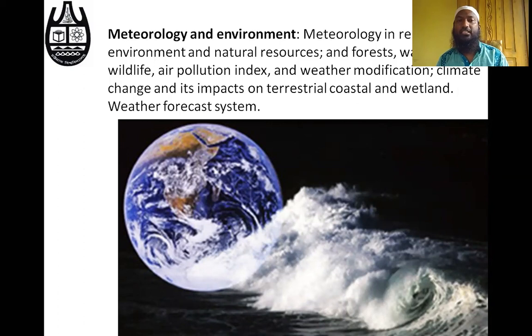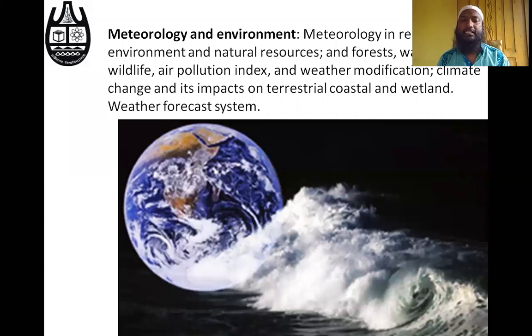And then the question is, what is the condition of our air? So a term which is used all over the world is the air pollution index. That means what is the condition of your air at this time. So in the air pollution index, we are going to discuss different types of parameters of air at a time.